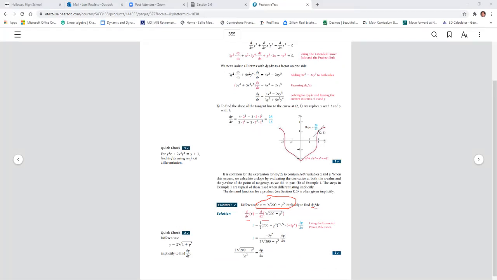And then, of course, the square root can be written as 200 minus p to the power of 3, raised to the power of 1/2, right? Since it's a square root, and once you take the derivative, 1/2 minus 1 is negative 1/2.